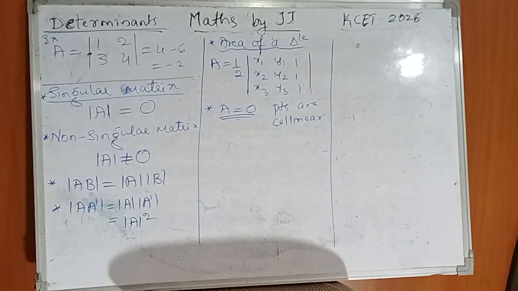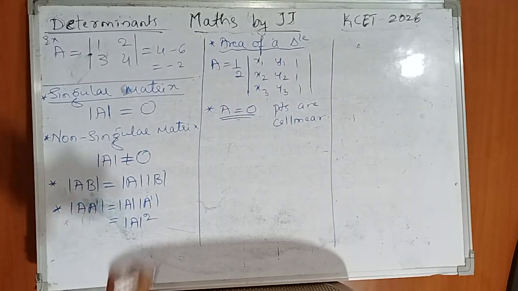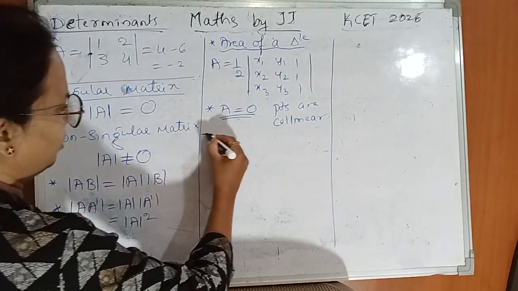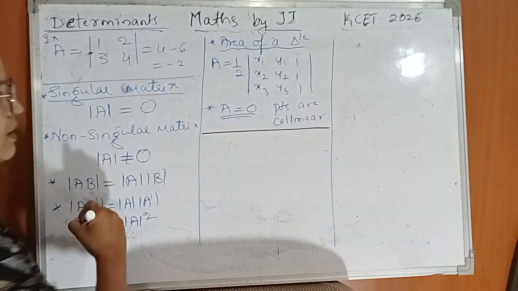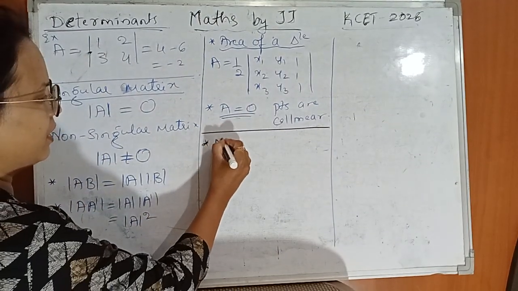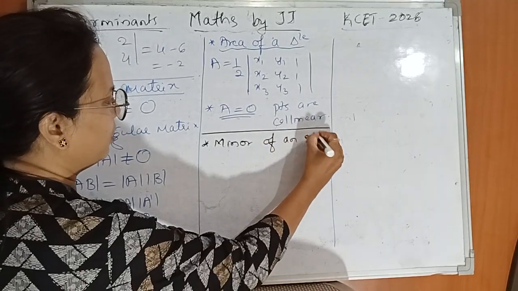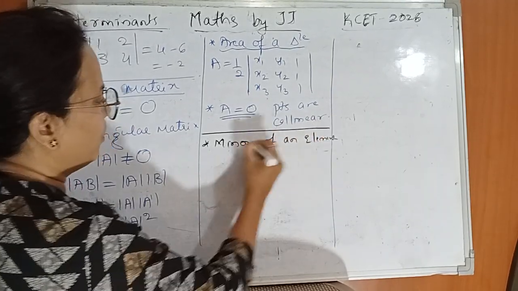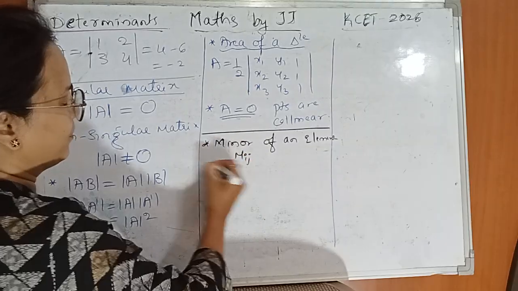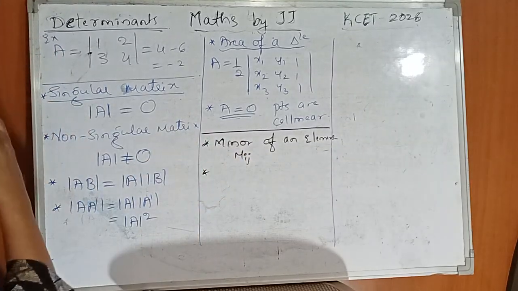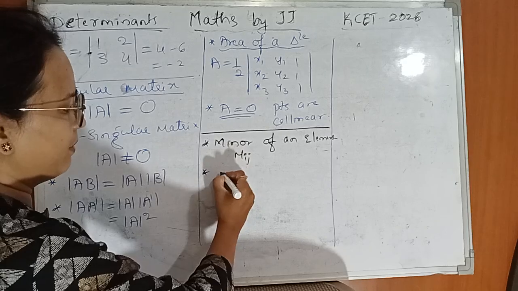Okay student, once we have learned this, then later on, the next thing we have learned here is the minor of an element. Minor of an element is denoted by mij. By deleting its corresponding row and column, you will get the minor.